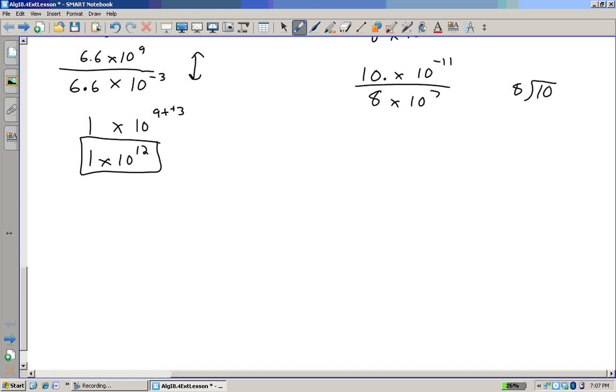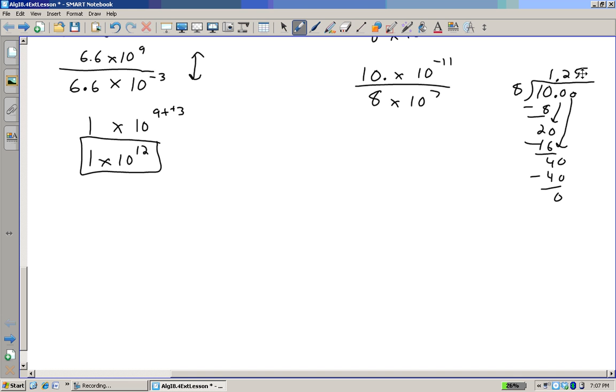So 10 divided by 8. 8 goes into 10 one time. Add a 0. Bring it down. 8 into 20 is 2. 8 into 40 is 5.